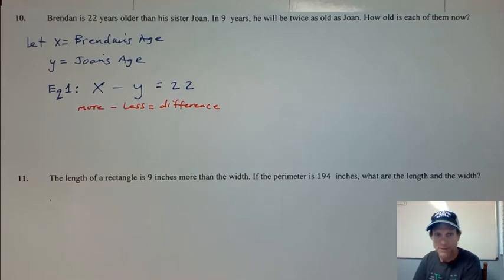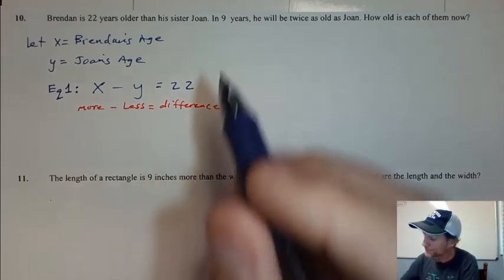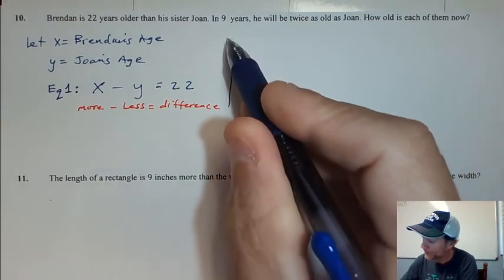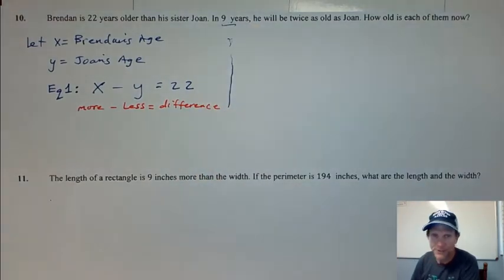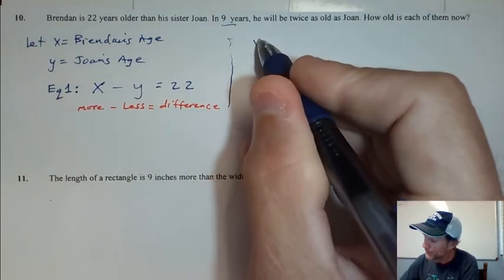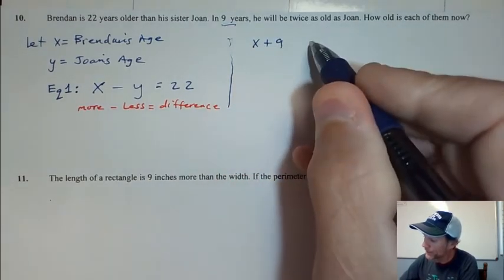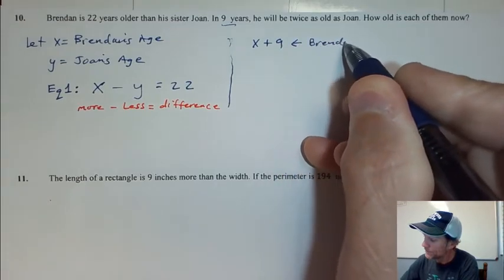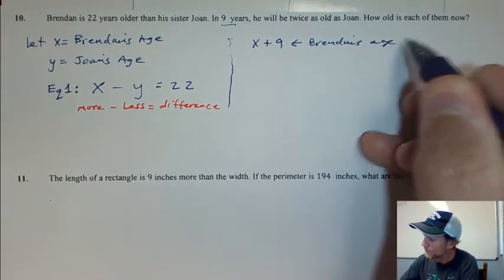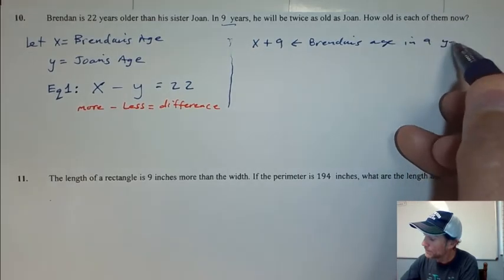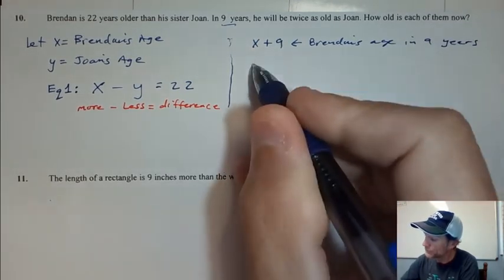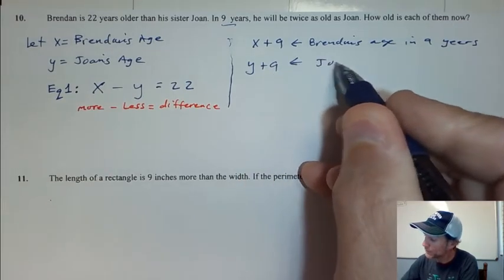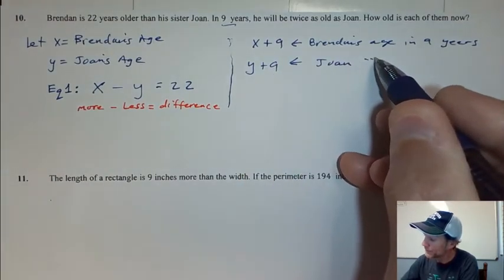The problem is the second equation. It's not that bad if we take a little time and think about it. We know that in 9 years, Brendan will be this old, and this will be how old Joan will be in 9 years.